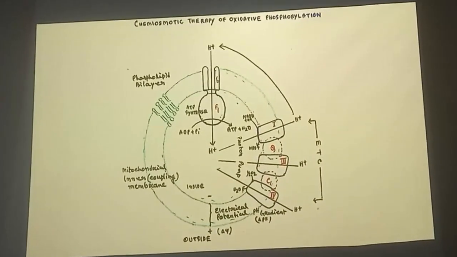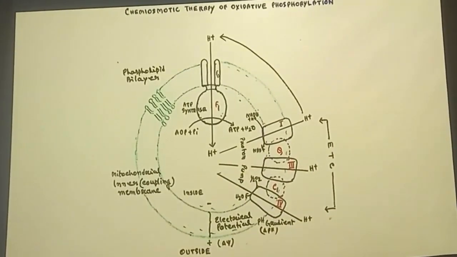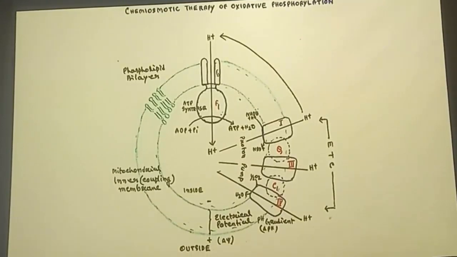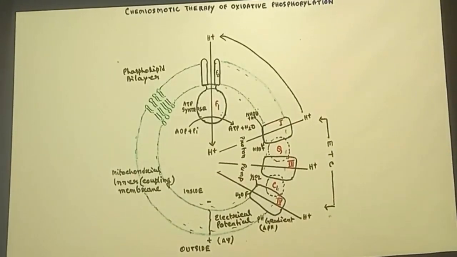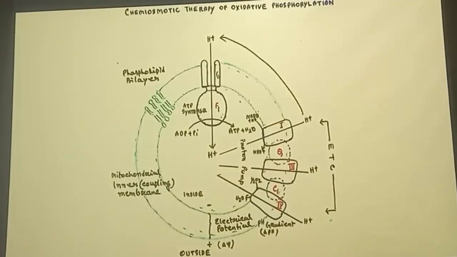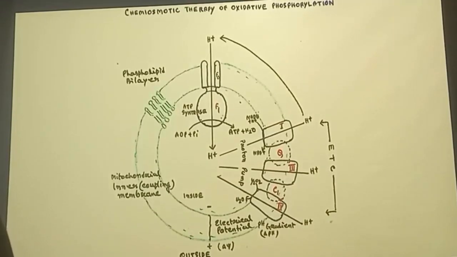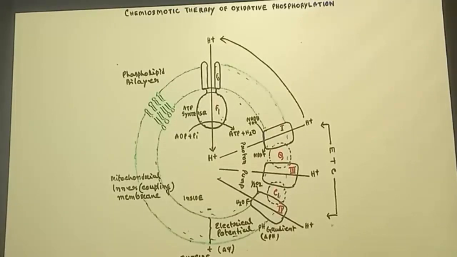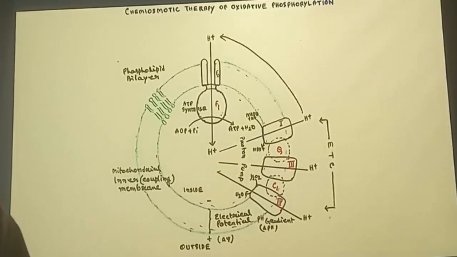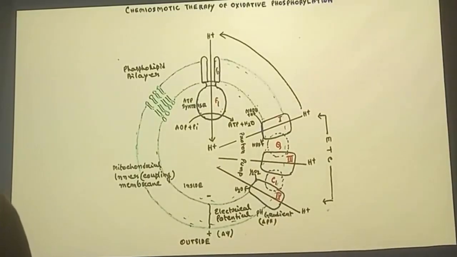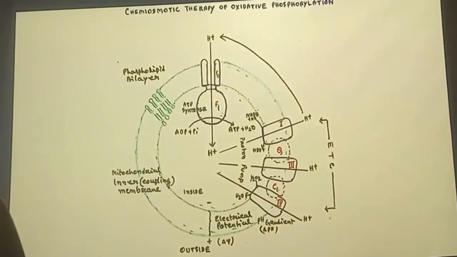So this is the chemiosmotic theory of oxidative phosphorylation. We know there are three ways of phosphorylation or synthesis of ATP. One is photosynthesis, which is only possible in plants. Some ATP is produced at the substrate level, that is in the cytosol.